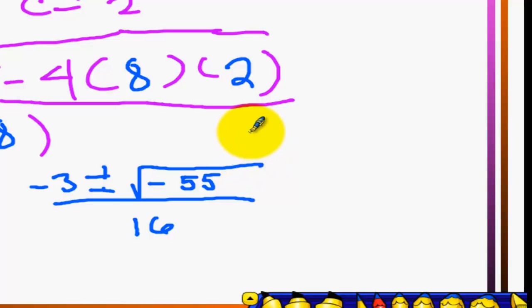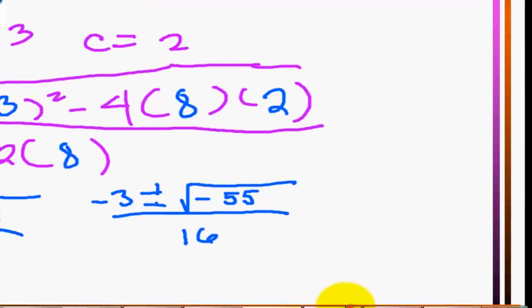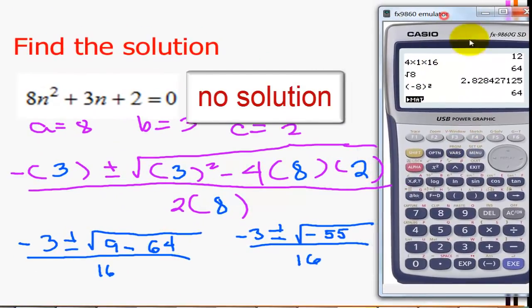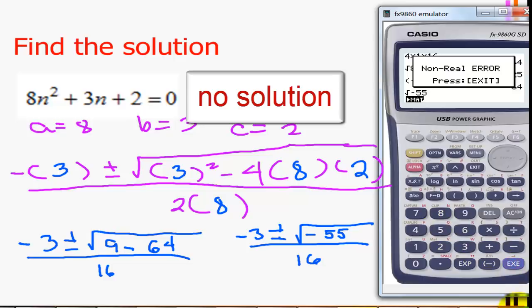Okay, as of right now in algebra 1, the biggest set of numbers that we have is the set of real numbers. Okay, and a square root of a negative number is not defined in the set of real numbers. So let's check. If you are going to get square root of negative 55, you are going to get an error.